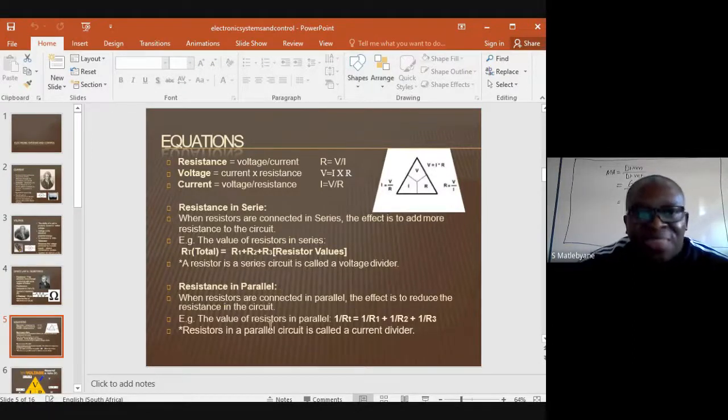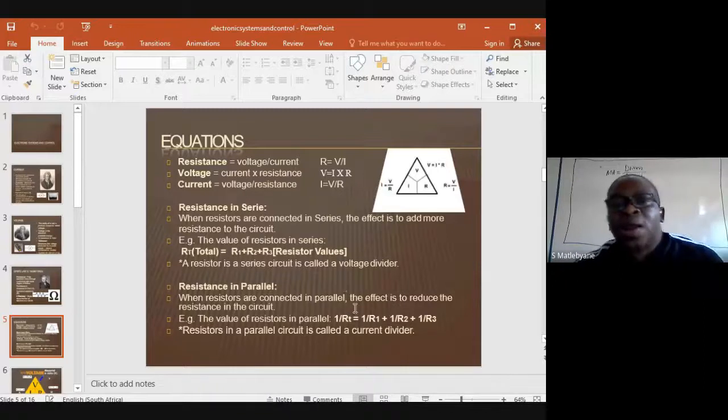However, when they are in parallel, the effect is to reduce the resistance in the circuit. So if you want to increase resistance in a circuit, you put the resistors in series. If you want to decrease the resistance within a circuit, you connect the resistors in parallel to each other.